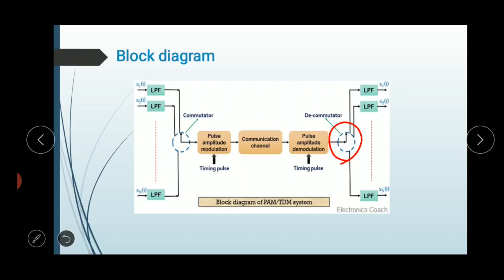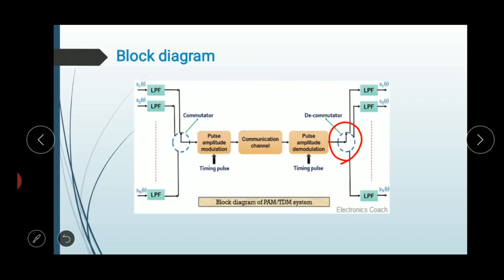This decommutator separates the time division multiplexed signal at the receiving end. The commutator and decommutator must have the same rotational speed in order to get a proper demultiplexed signal at the receiving end.